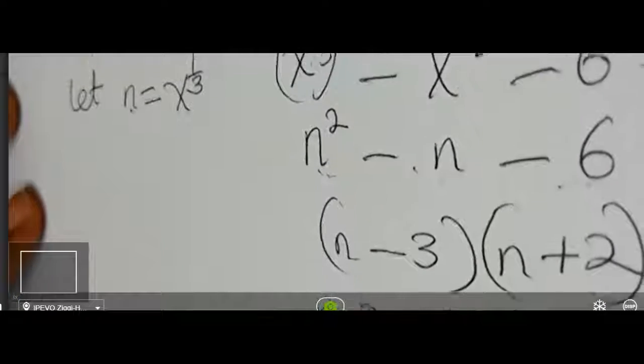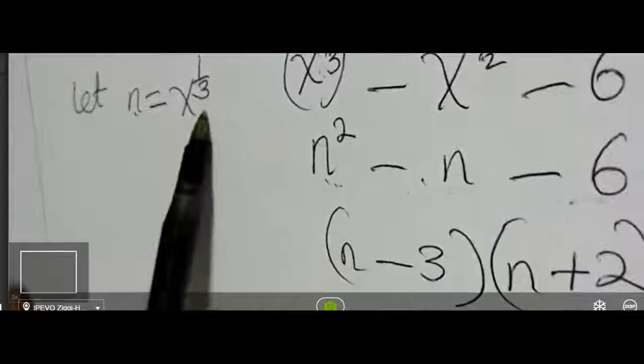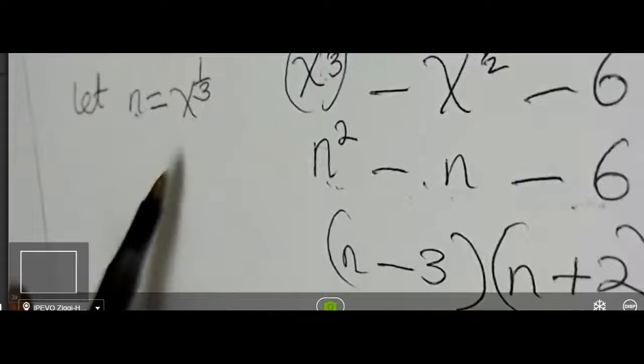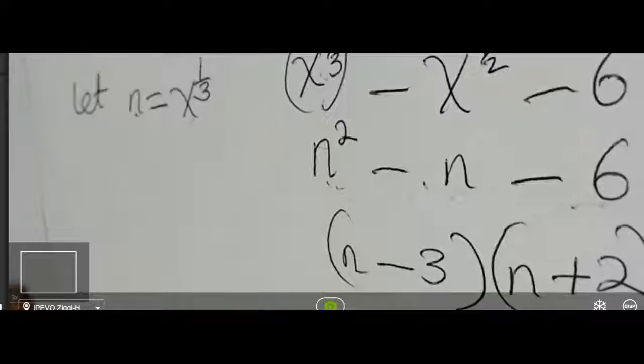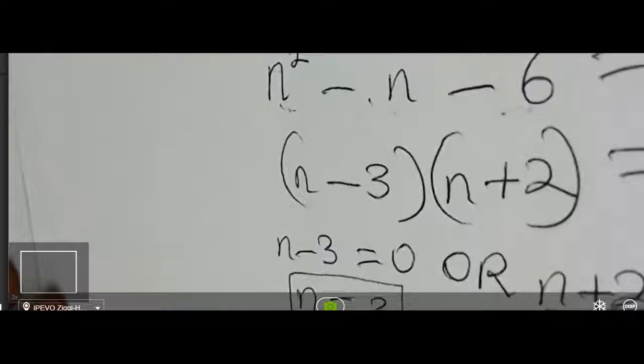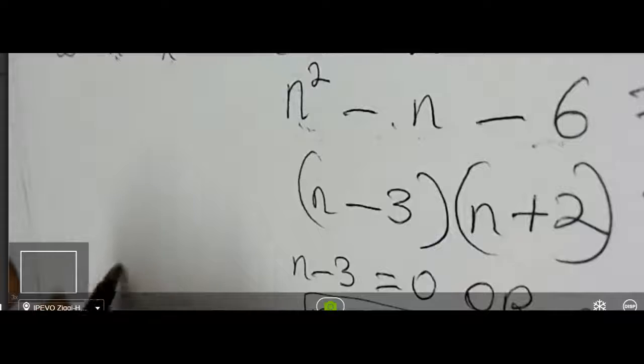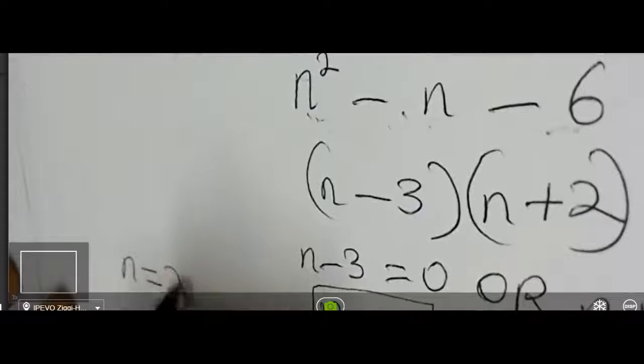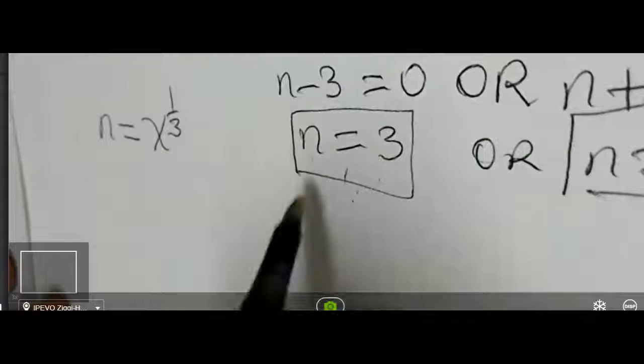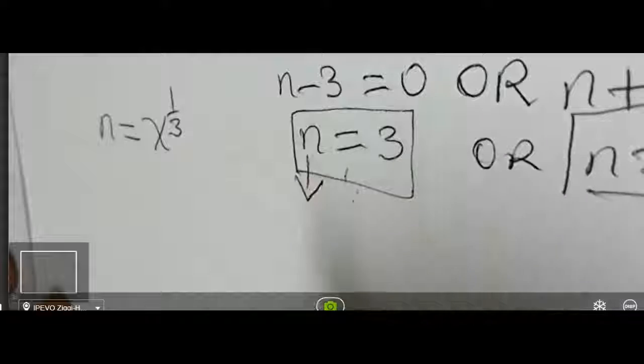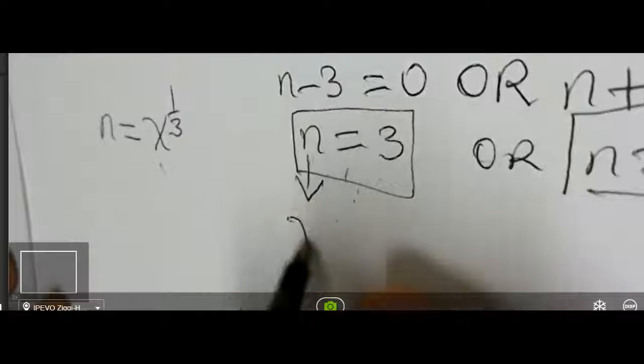So let's go back. Remember we said n is x to the power 1/3, so we're going to substitute back n for x to the 1/3, because that's our original.